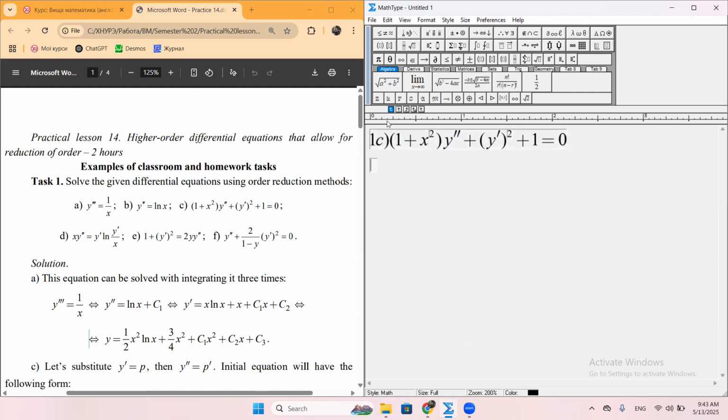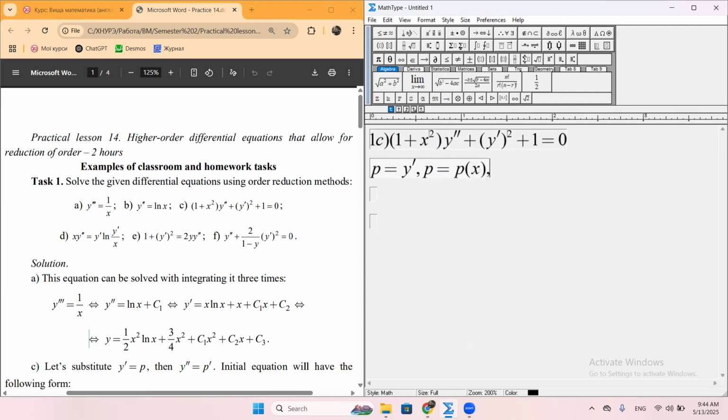So in this equation, we can reduce the order. We see that there is no zero order, so we have derivatives of the first and the second order. So we can do the substitution. So p will be the function y prime, and p depends on x.